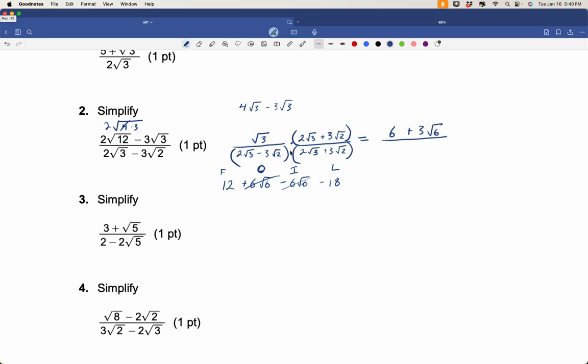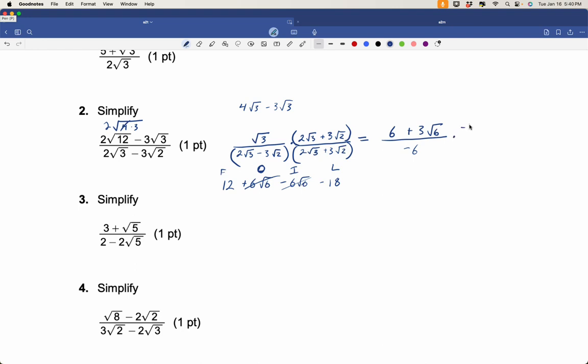So technically, you only have to multiply the first terms and the last terms for what's going to go here. And in doing so, you get like terms, which are whole numbers. So 12 minus 18 is going to be a negative 6. Well, we don't like to have a negative in the denominator.